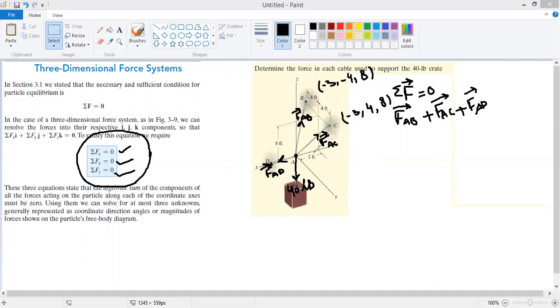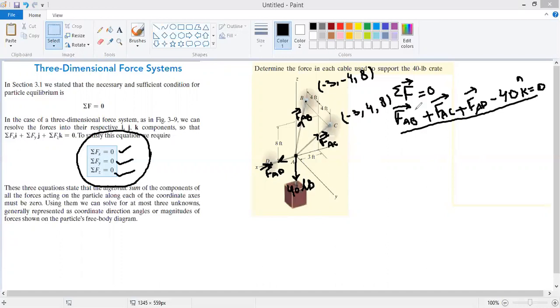This is acting downwards along minus k, so this will be written as minus 40 k cap, and should be equal to zero. This is our equilibrium equation. The summation of all the forces is equal to zero.